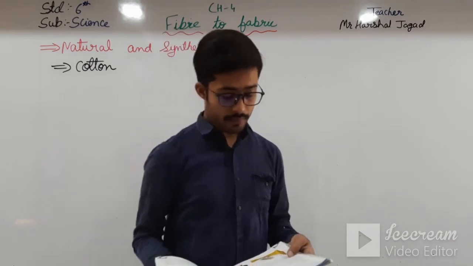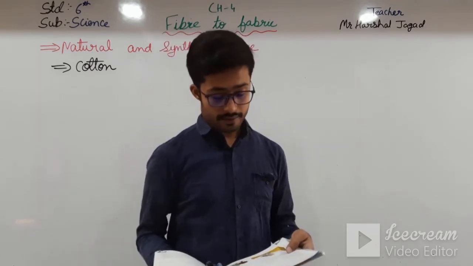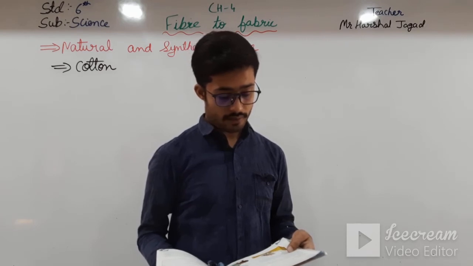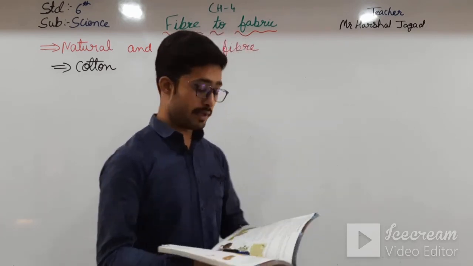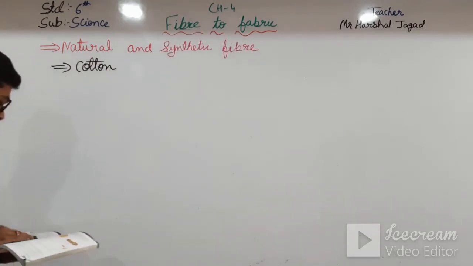In that, the cotton plant is a shrub. The fruit of the cotton plant is called the boll. See students, this can be asked.